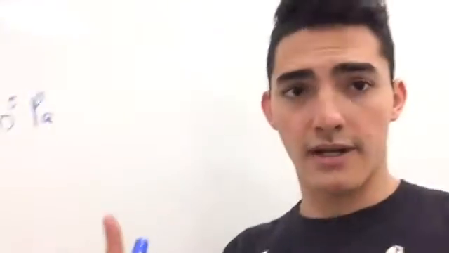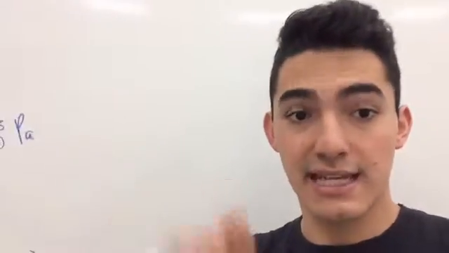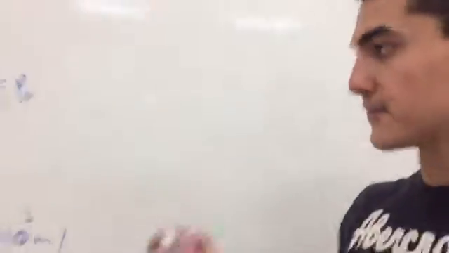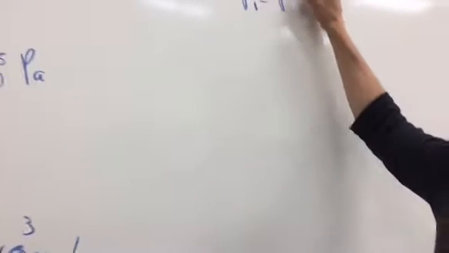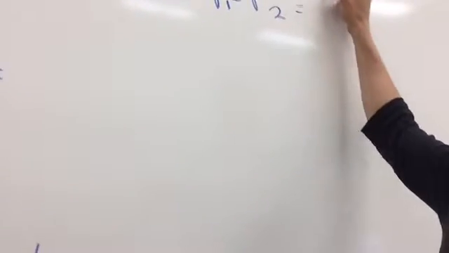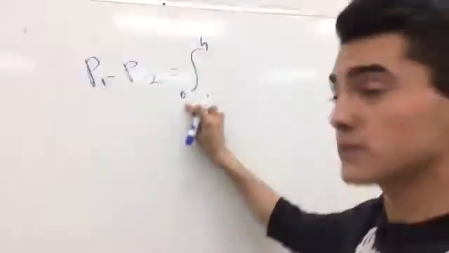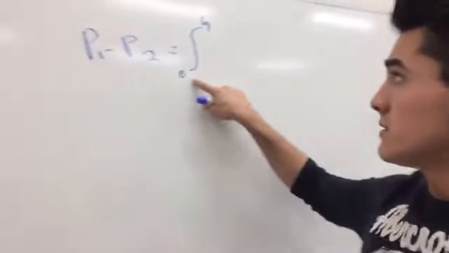For the second part, which says that the density decreases linearly to 0 with height, we have to integrate our formula, from 0 to h because the density changes.